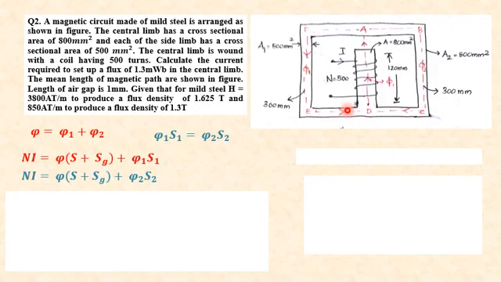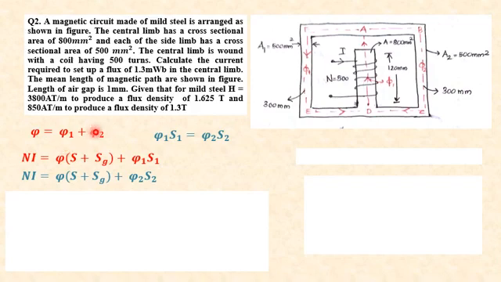So here we can see that in order to find the magnetizing current, we need phi 1 S1, that is the MMF of path AFED, or phi 2 S2, which is the MMF of the path ABCD. Also we need phi S, that is the MMF of the central limb alone, as well as phi into Sg, that is the MMF of the air gap.